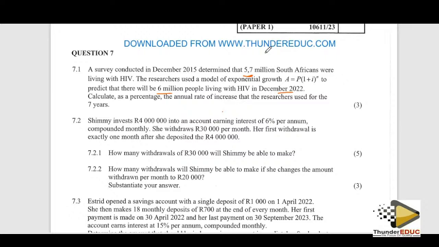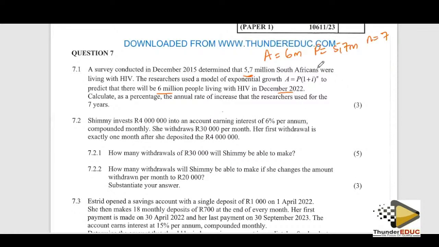So we know that our A is going to be 6 million. Our P is 5.7 million. Our n, 2022 minus 2015, is 7 years.